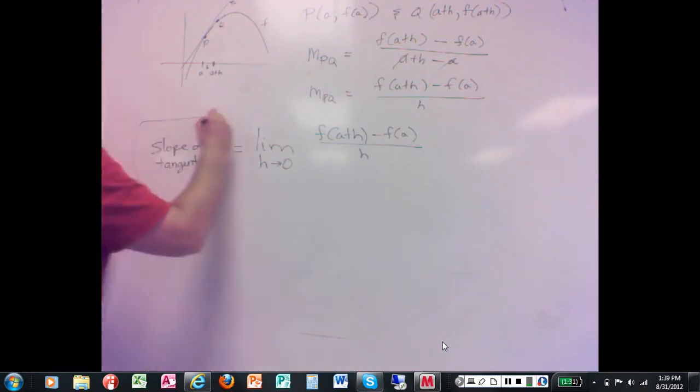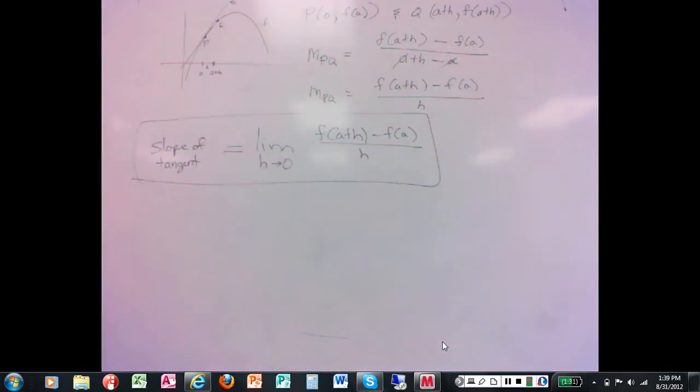This is also another way you can find the slope of the tangent lines. And it's known as equation 2, they'll call it. So if it says to use equation 2, this is what it means. Okay?